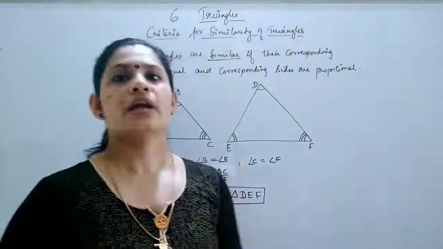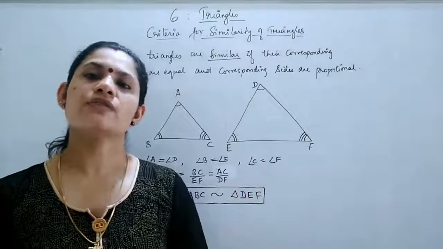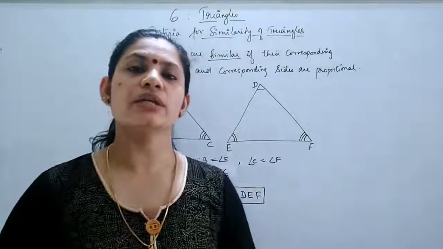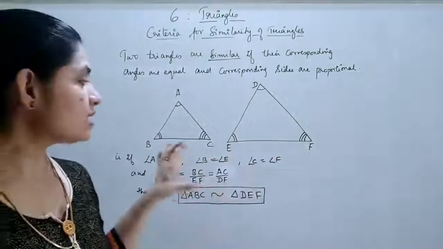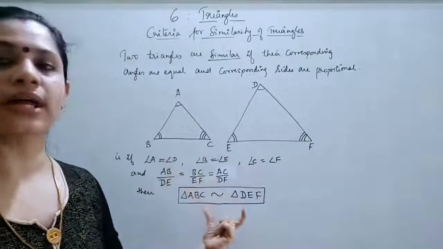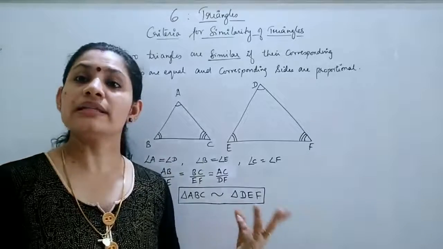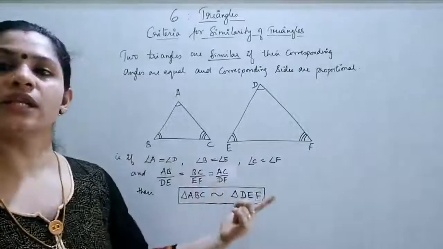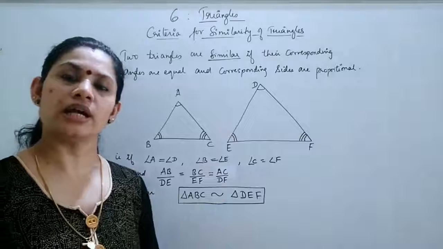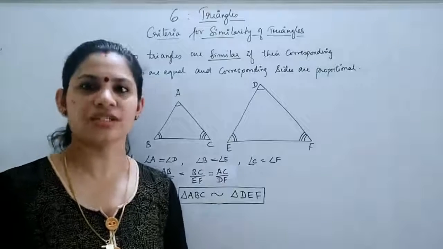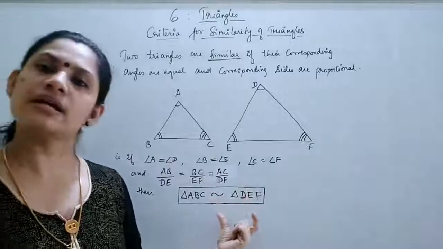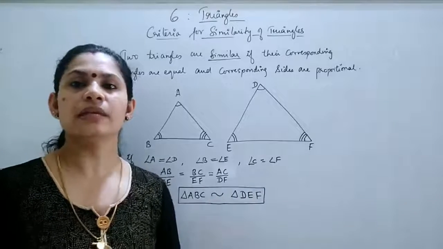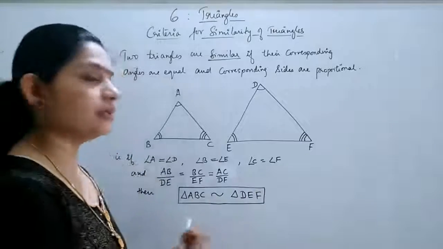Now in this topic, criteria of similarity of triangles, we are not going for all these criteria to be satisfied in order to show that the two triangles are similar. Only three conditions will be enough, and in certain cases two will be enough, to show that the two triangles are similar, and those will be used in the theorems.